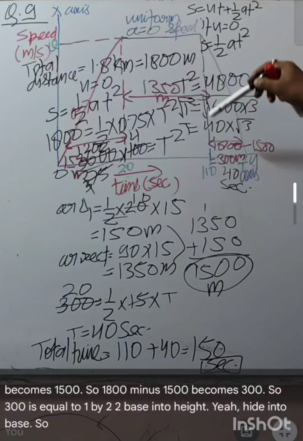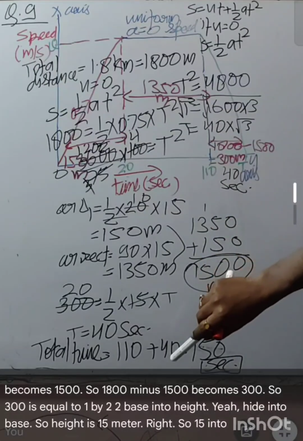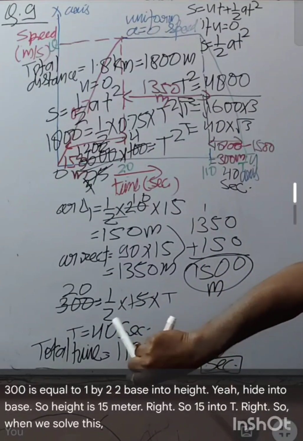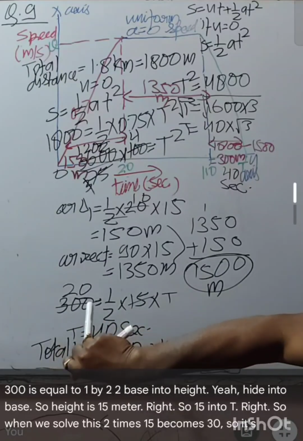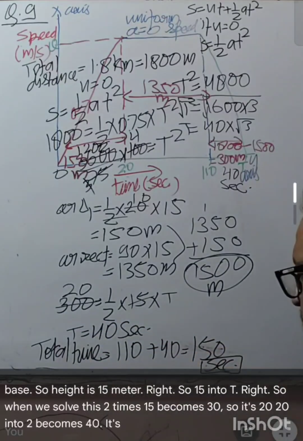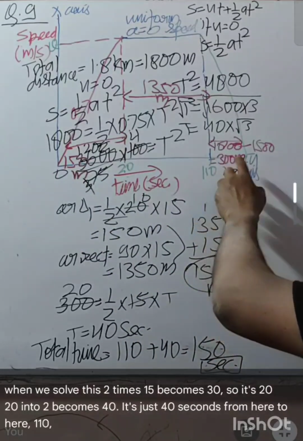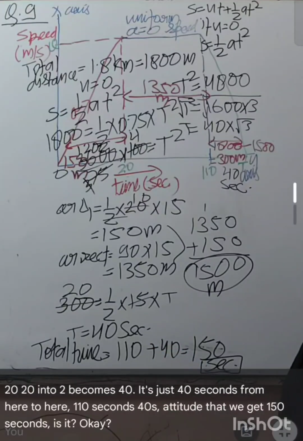So height is 15 meter. So 15 into t. When we solve this, 2 times 15 becomes 30. 20 into 2 becomes 40. The t is 40 seconds. From here to here, 110 seconds. 40 is added to that. We get 150 seconds. Is it okay?